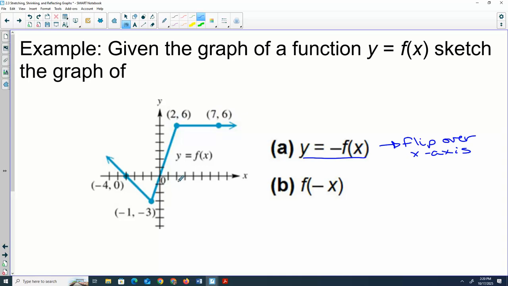So 2, 6 would go to 2, negative 6. 7, 6 would go to 7, negative 6. Negative 1, negative 3 would go to negative 1, positive 3. Negative 4, 0, if you flip, wouldn't go anywhere. So our graph would look like that.